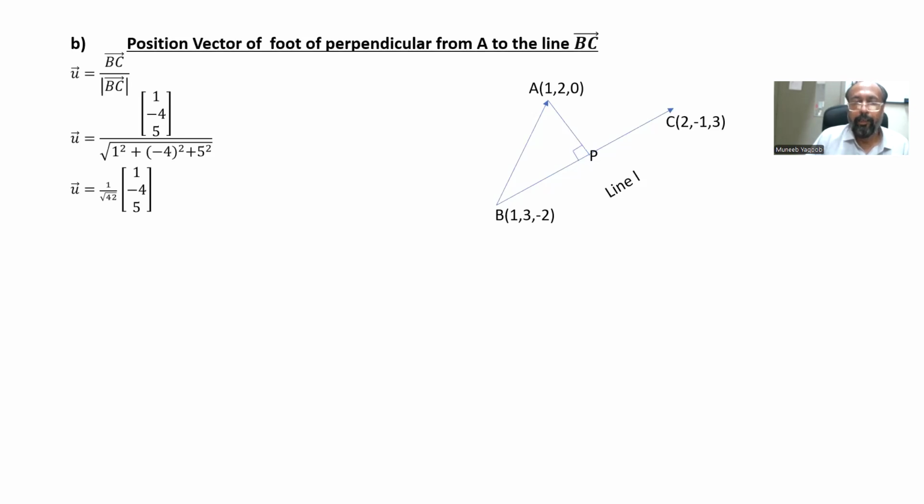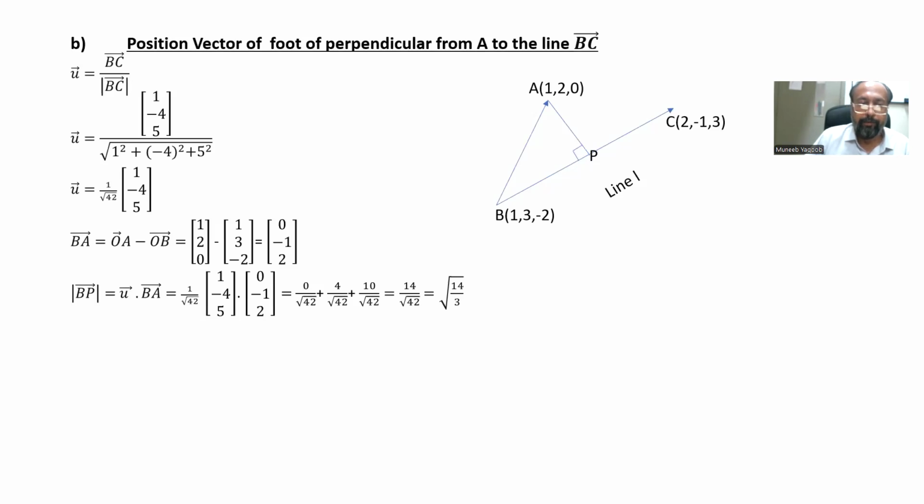Now in the second step, we will find the length BP. To calculate the length BP, first of all, we will calculate the vector BA. Vector BA will be equal to OA minus OB, and since both B and A are given, we can easily compute vector BA. Now to calculate the length BP, we will take the dot product of vector U and vector BA.